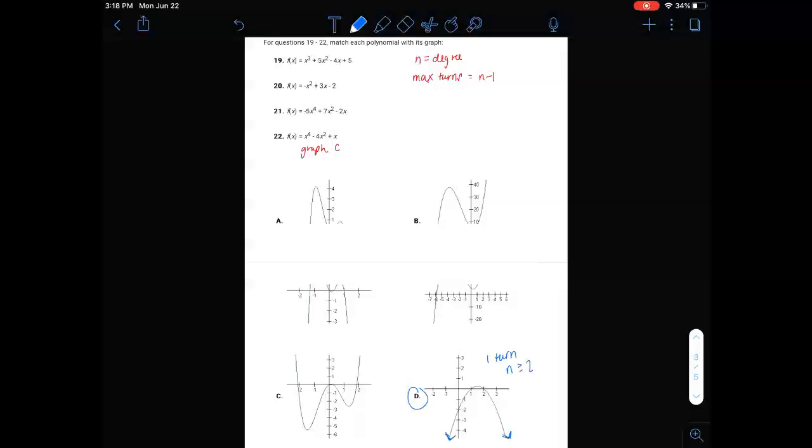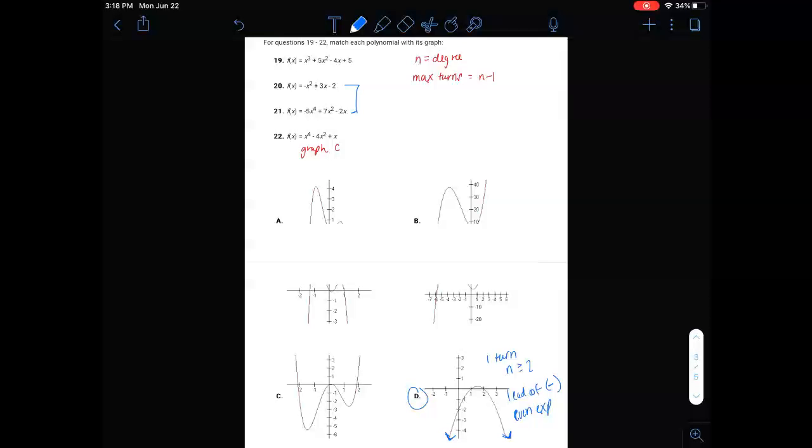And our graph is going down in both directions, so that means our leading coefficient has to be negative. And since they're going down on both the left and the right-hand side, it has to be an even exponent. So we're looking for an even exponent here. So that limits it to there.